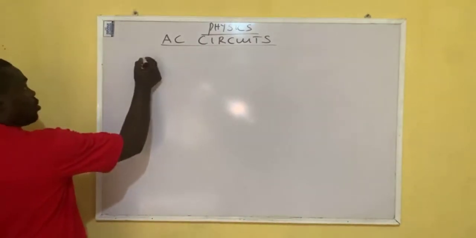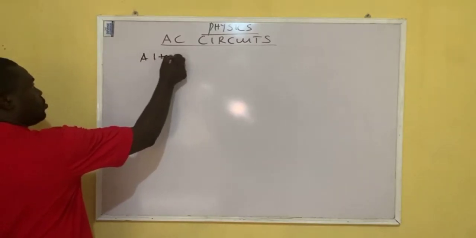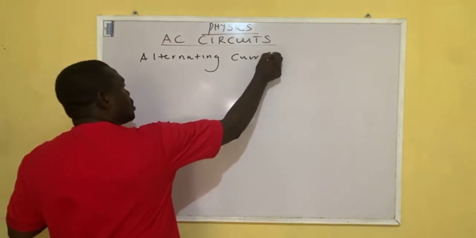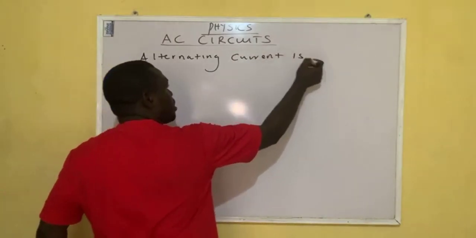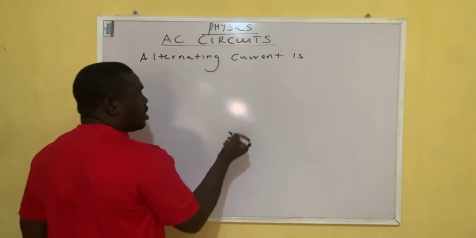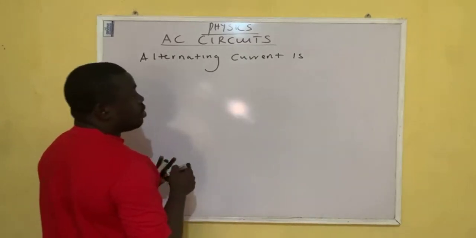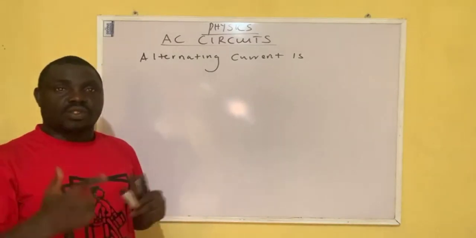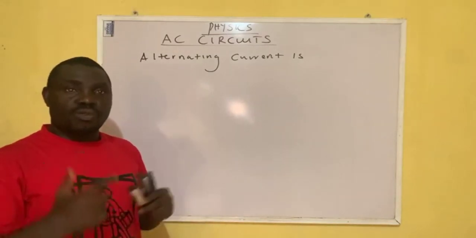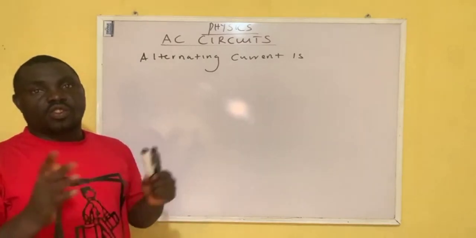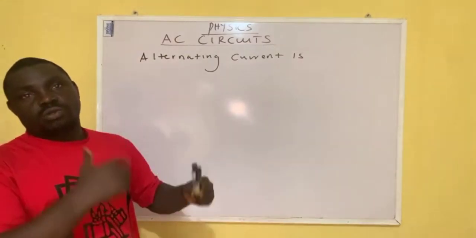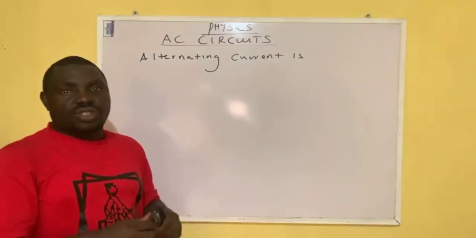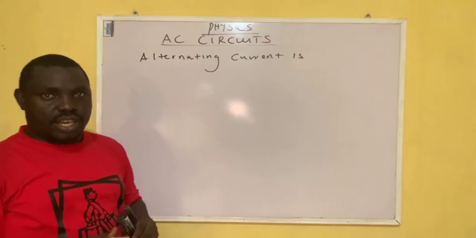Okay, so we look at the word alternating current. Alternating current is a current that moves sinusoidally in such a way that it reverses its own direction periodically.